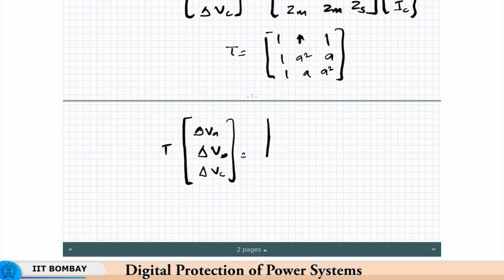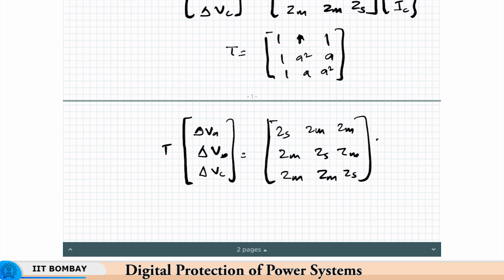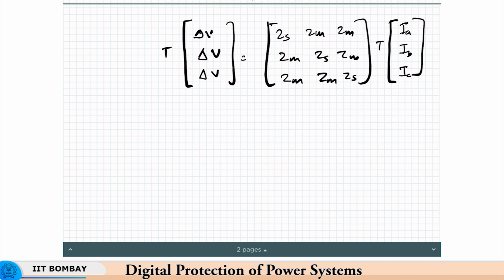is equal to the matrix ZS, ZM, ZM, ZM, ZS, ZM, ZM, ZM, ZS and T into IA, IB, IC, which will give us T into VA0, VA1, VA2, and similarly this will be IA0, IA1, IA2.